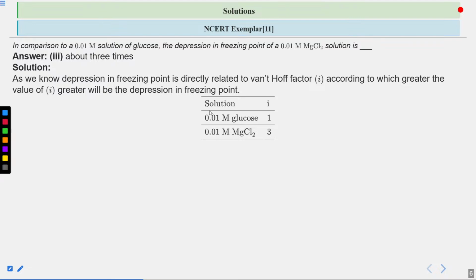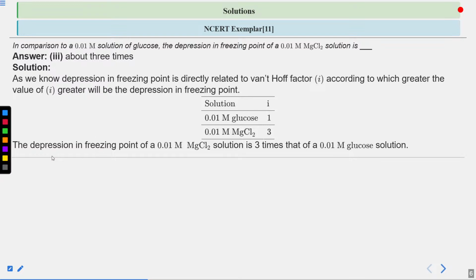So the solutions are 0.01 molar glucose and 0.01 molar MgCl2. Their respective Van't Hoff factors are: 0.01 molar glucose has i value 1 and 0.01 molar MgCl2 has i value 3, right? Number of ions from glucose is 1, number of ions from MgCl2 is 3. So the Van't Hoff factors are 1 and 3 for the respective solutions.